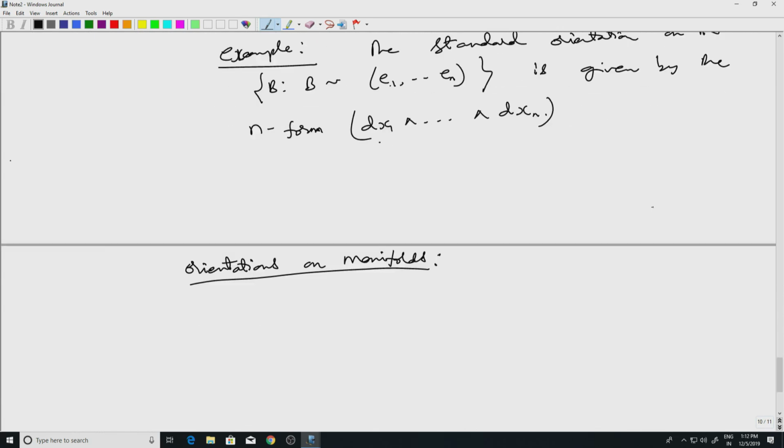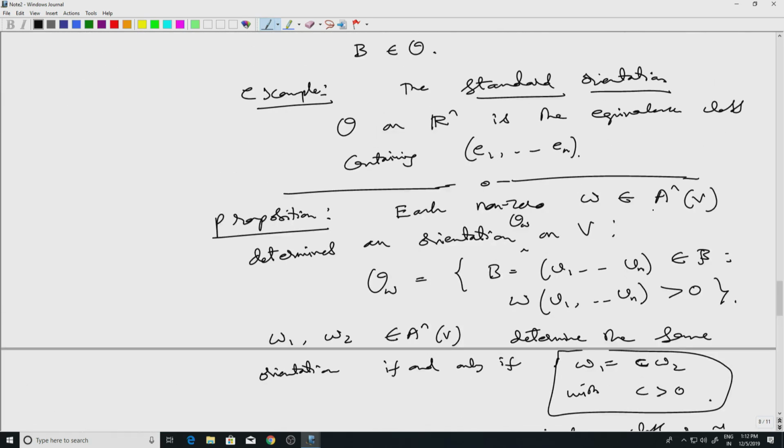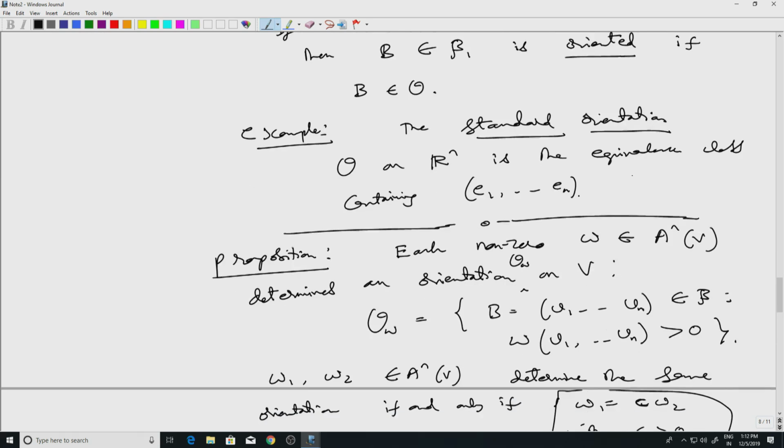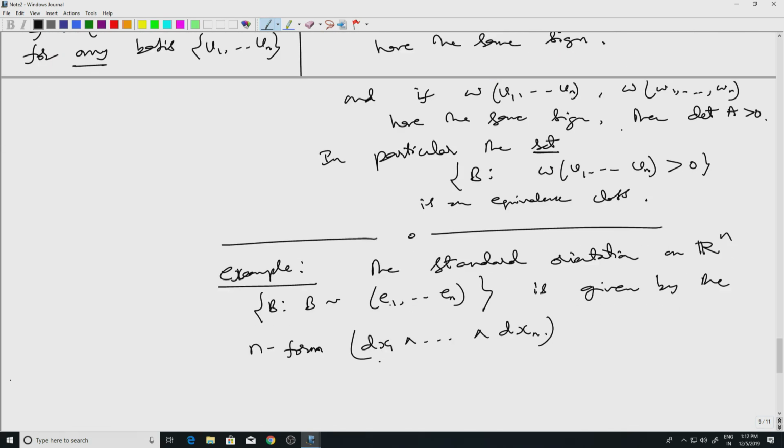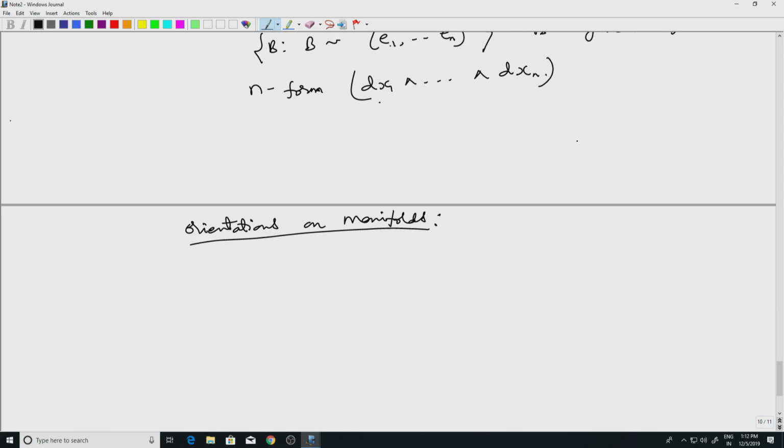But at least one thing is true, that if I have a non-zero form on V, I'll certainly get an orientation. So what one can try to do is, we say that M is oriented. Orientable is also another thing.